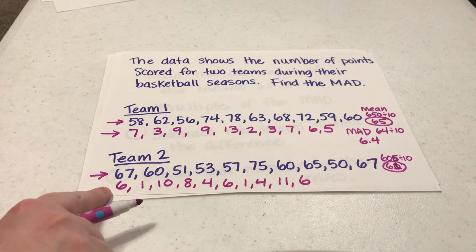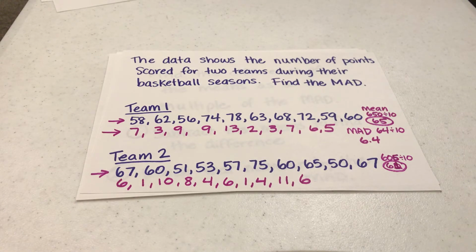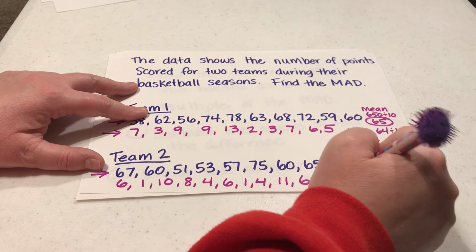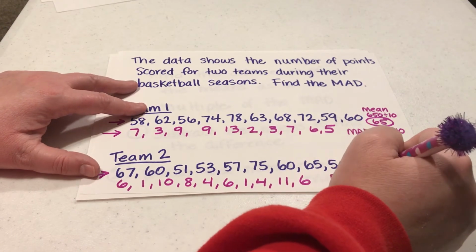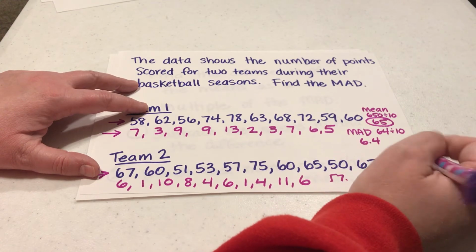This one here, 6 plus 1 plus 10 plus 8 plus 4 plus 6 plus 1 plus 4 plus 11 plus 6 is going to be 57, which is 5.7 if I divide it by 10.